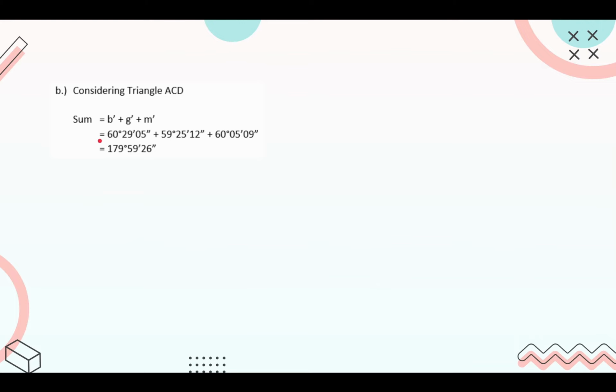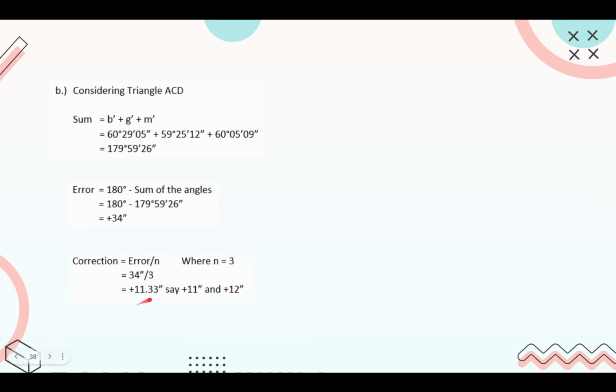We solve for the sum of angles B prime, G prime, and M prime first. Then we solve for the error, which is 180 degrees minus the sum of the prime angles. And then we solve for the correction and apply the round up and round down process.